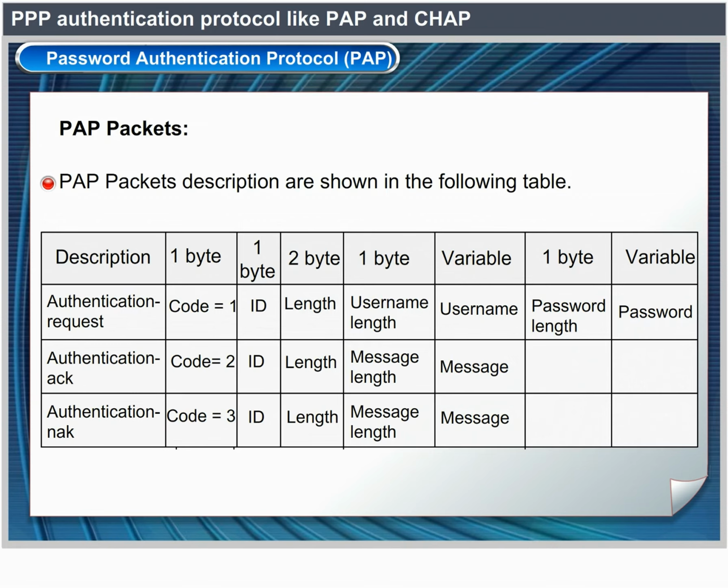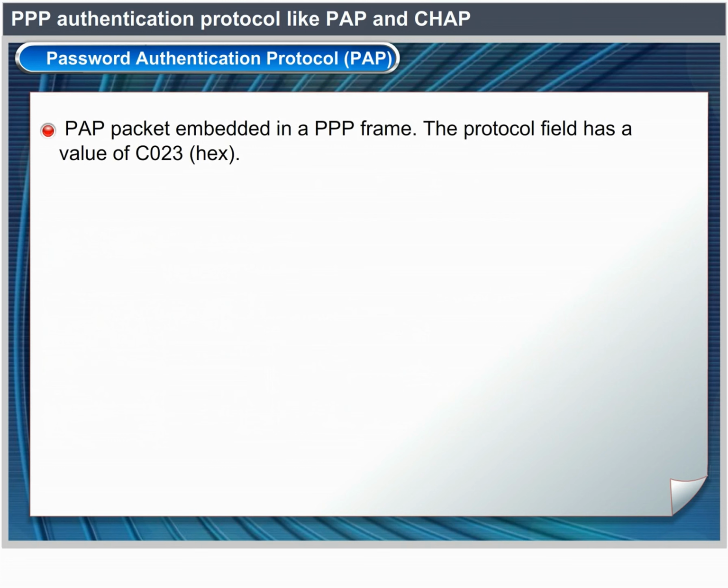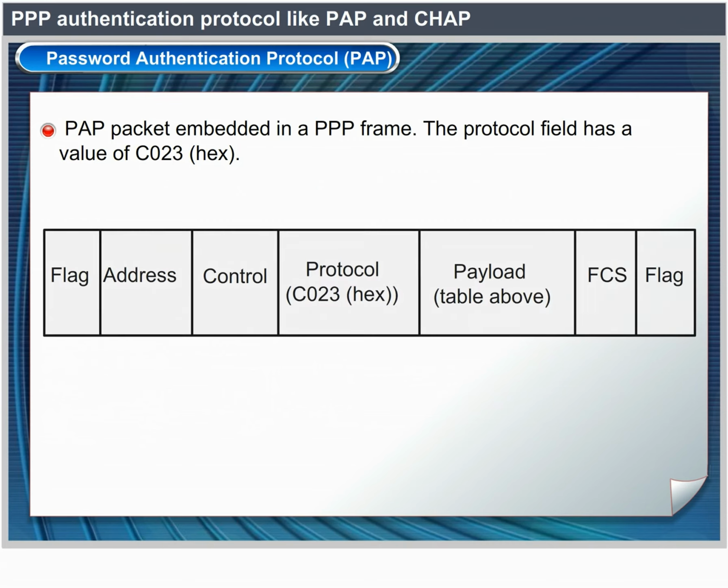PAP packet embedded in a PPP frame. The protocol field has a value of C023 in hexadecimal. Flag, address, control, protocol C023 in hex, payload (table above), FCS, flag.